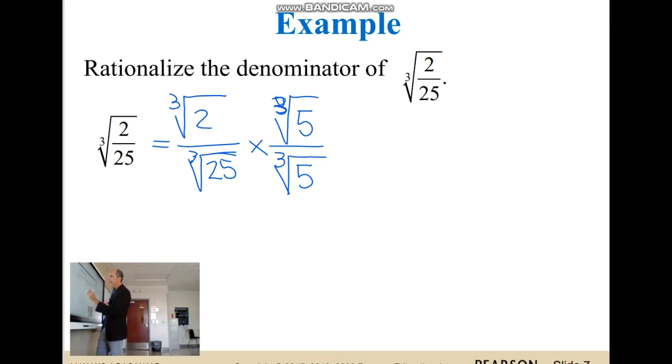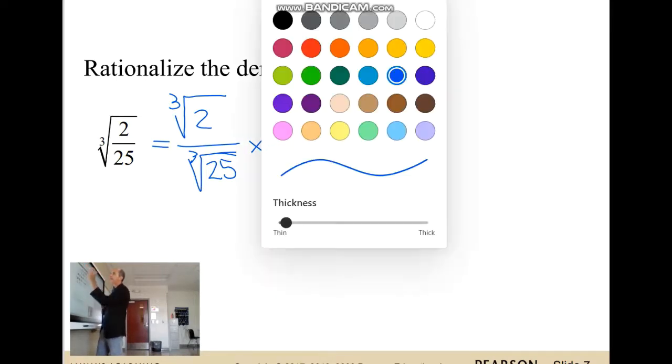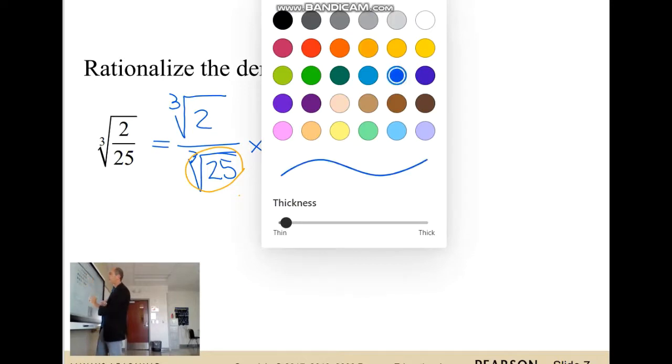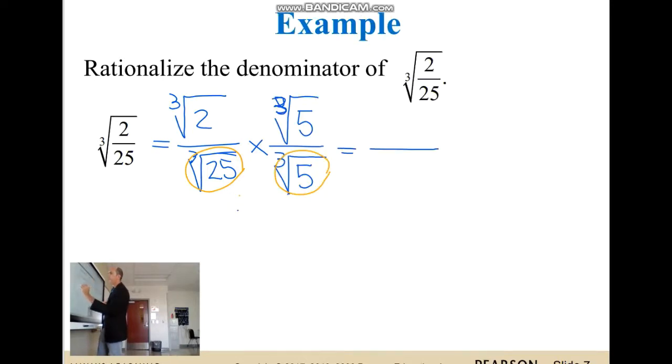And we can multiply cube root of 25 by cube root of 5. This is going to be equal to cube root of 125. And on top, in the numerator, we're going to have cube root of 2 times 5, cube root of 10.